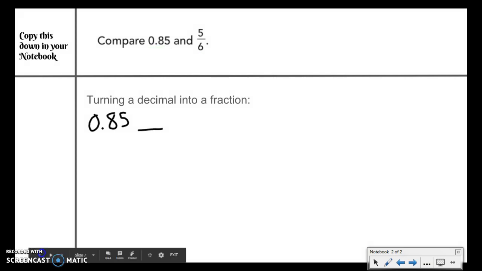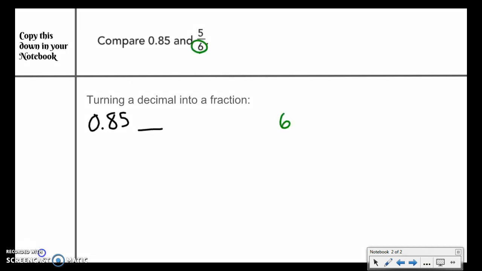So your 6 is going to be your divisor. Your 5 is going to be your dividend. I'm going to go ahead and put some zeros after my 5, so that way it's easier to divide.